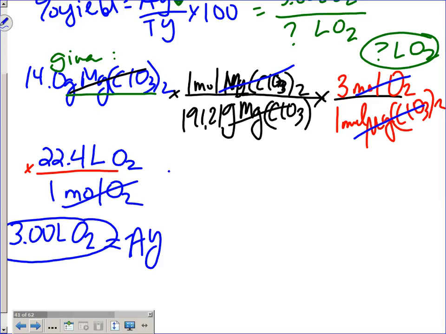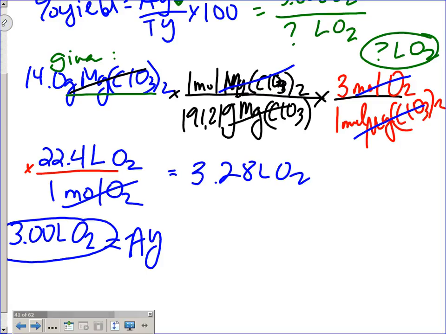We get to liters of oxygen. Please, everybody calculate that right now. Use your calculator. 14 divided by 191.21. Make sure everybody's catching up real fast. Times 3 times 22.4. Caroline. 3.28 liters of oxygen.